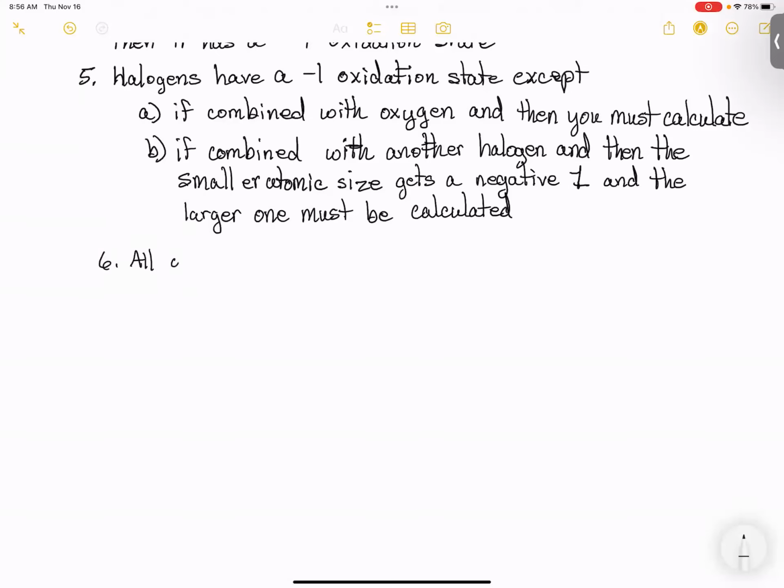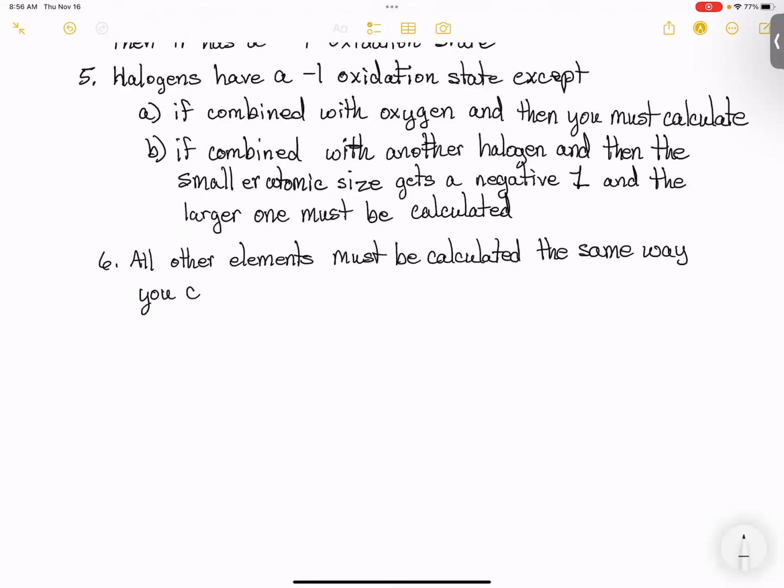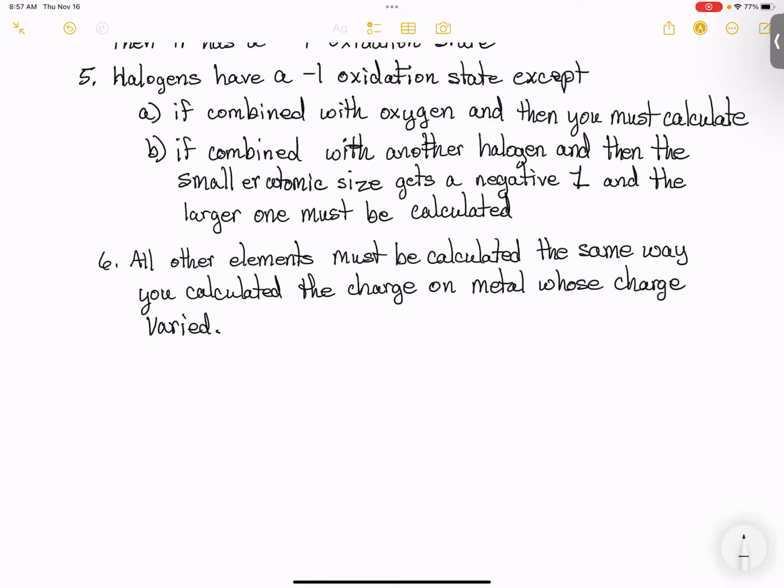All other elements must be calculated the same way you calculated the charge on a metal whose charge varied. Okay, we're going to apply this.